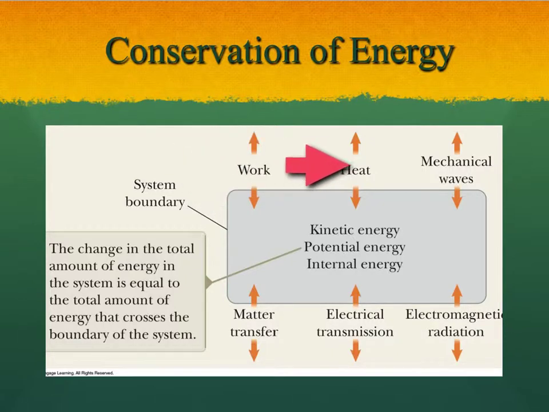So if we do work, if we do heat, if we have some type of mechanical waves, matter transfer, electrical transmission, or electromagnetic radiation, we're going to have a change in that total amount of energy. And that change in total amount of energy should be equal to the total amount of energy that's crossing through that boundary. And this is happening if we're talking about a non-isolated system.